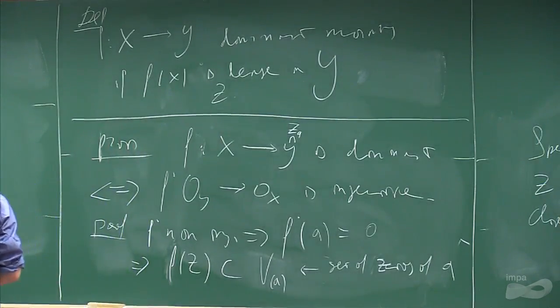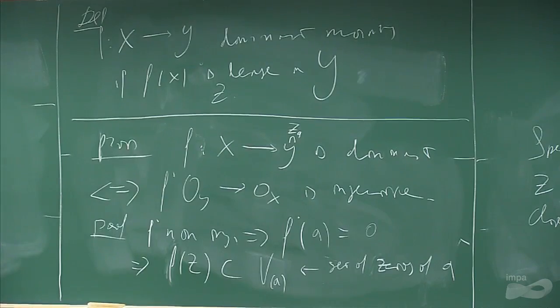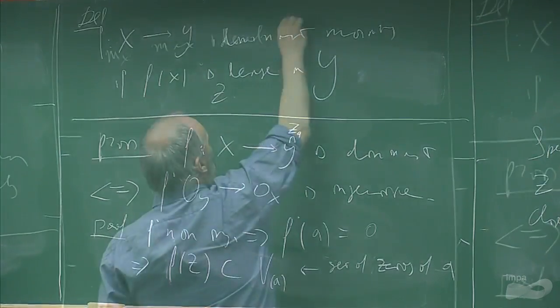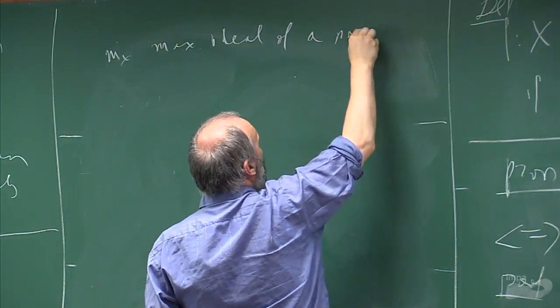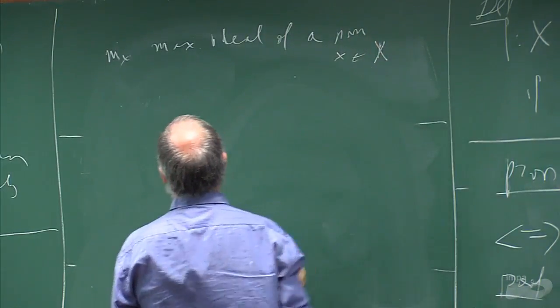We have a point. A point x in X is a maximal ideal Mx.